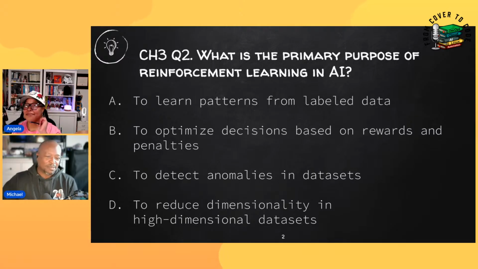There are other steps that take care of that. So we're left with A and B, to learn patterns from labeled data, or to optimize decisions based on rewards and penalties. So you said it in your comments what reinforcement learning is, and it is B, basically.